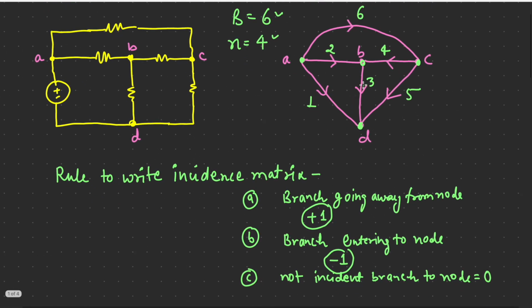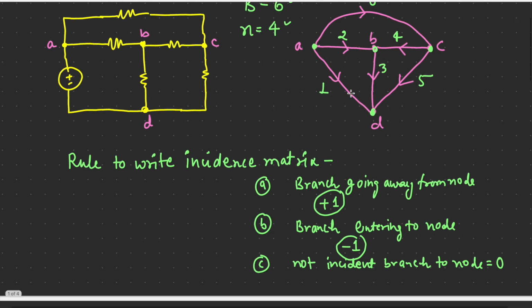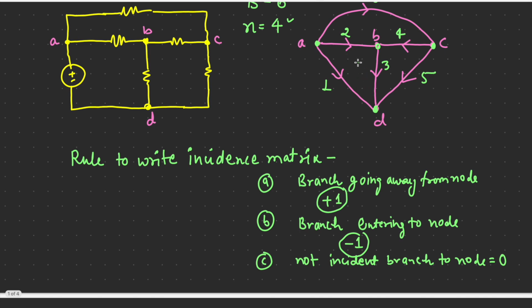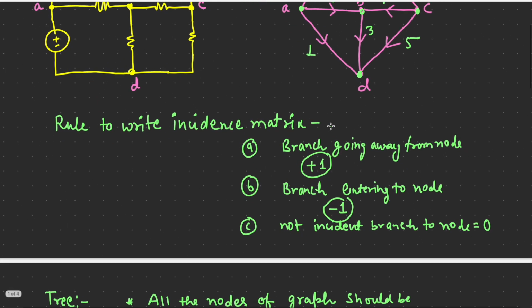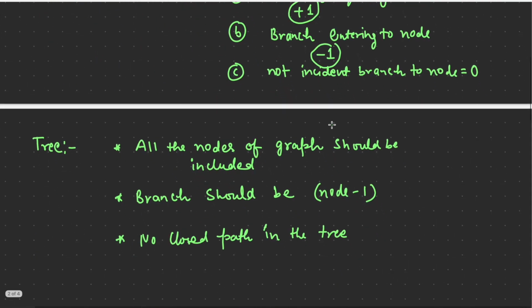And the number of branches will be nodes minus 1. So there are 4 nodes, so the branches will be 4 minus 1, total 3 branches. And the third rule is we should not have a closed loop inside the tree. So there are possibilities of several trees out of this graph. So first we'll see the incidence matrix.